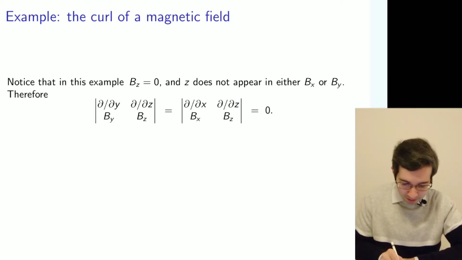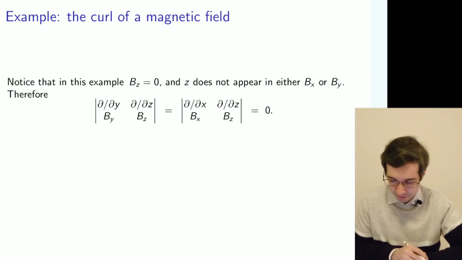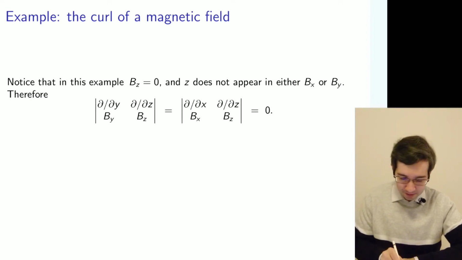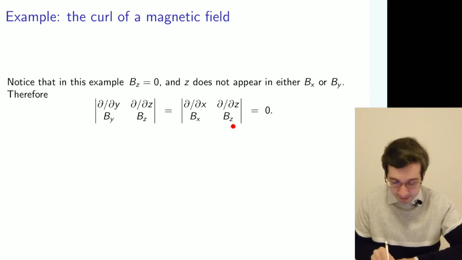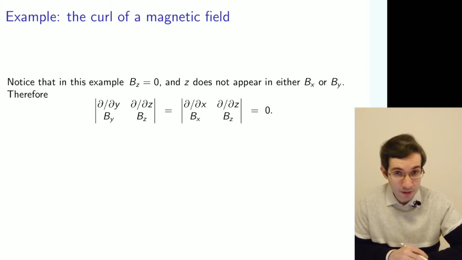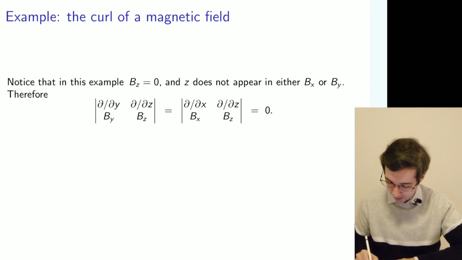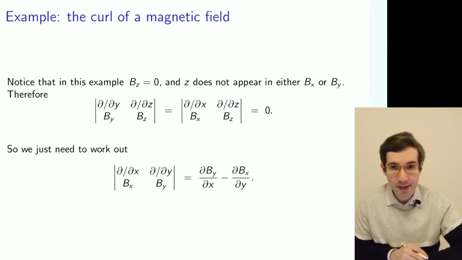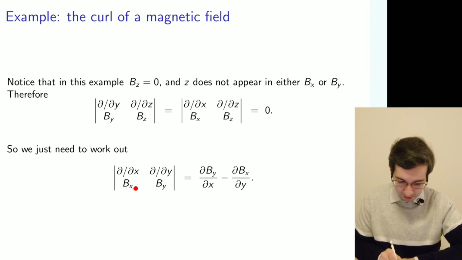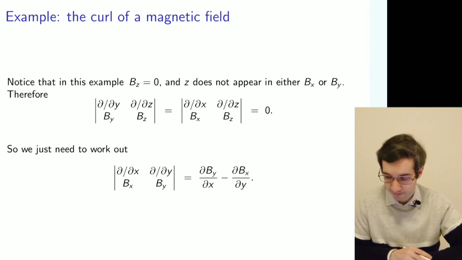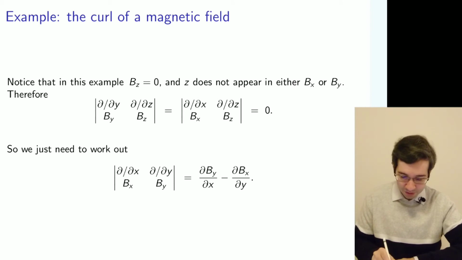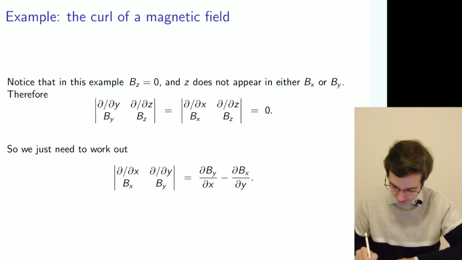That means that two components of the curl vector are 0. The components corresponding to the x and y directions disappear, they're 0. All that we need to calculate is the z component of the curl, which is given by these two partial derivatives.